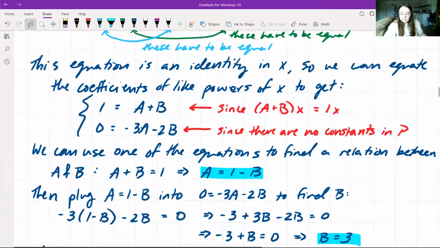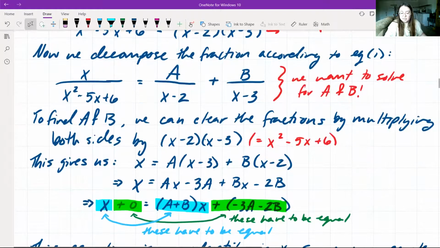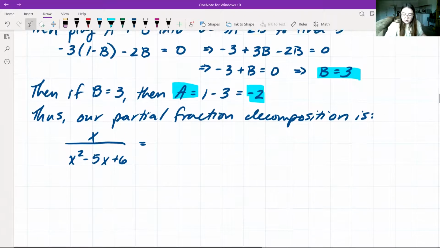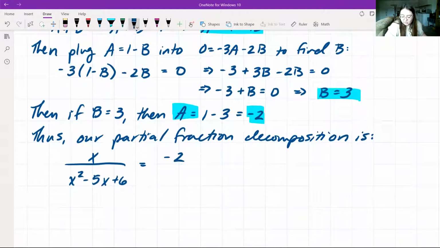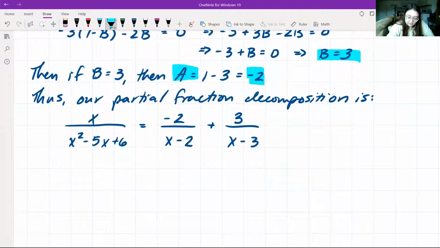And remember, we said that this is equal to a over x minus 2 plus b over x minus 3. So a was negative 2, so we have negative 2 over x minus 2 plus b, which was 3 over x minus 3. And this would be our final answer.